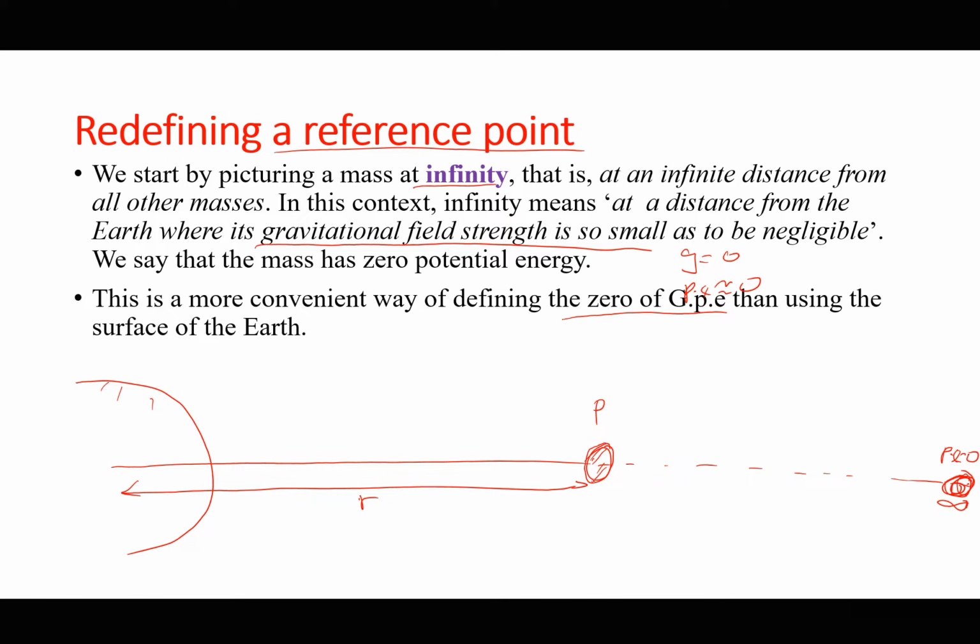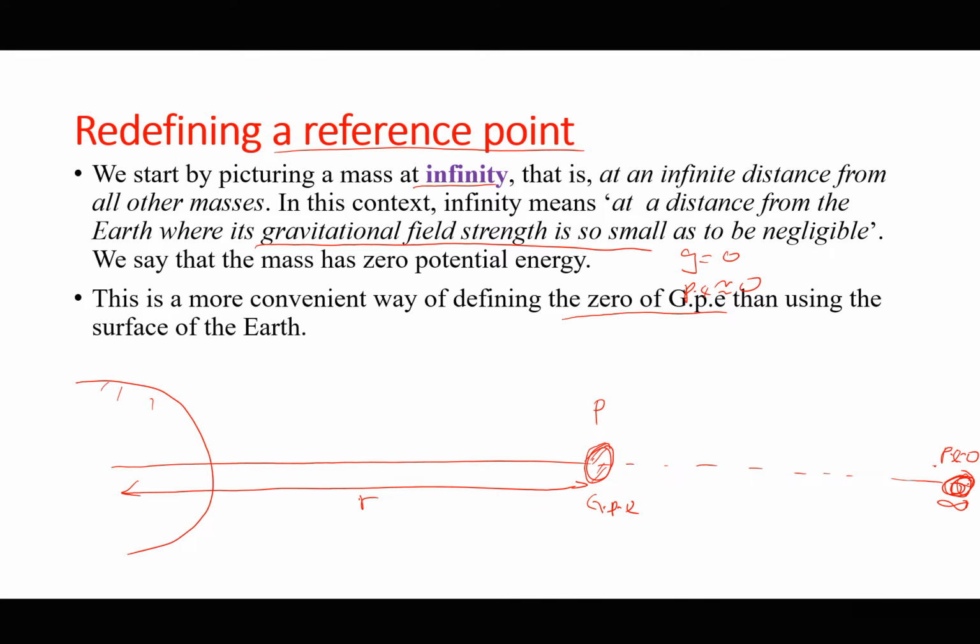That will now be our task here. Before we establish that work, we are going to picture moving a mass from infinity to this point. So we may want to know the gravitational potential energy at this point.